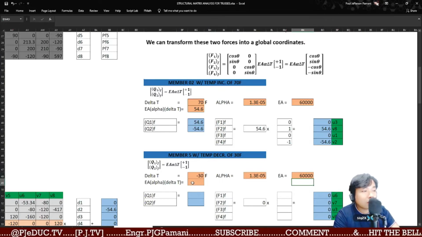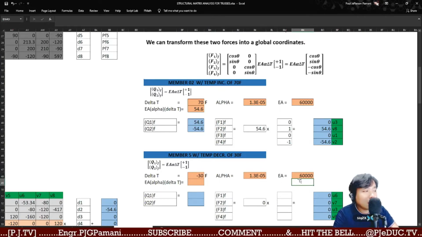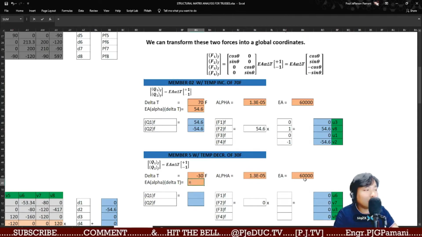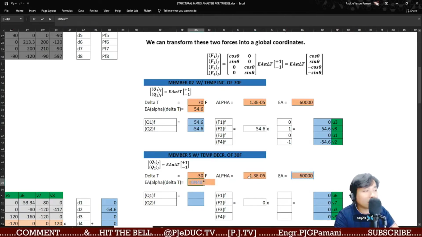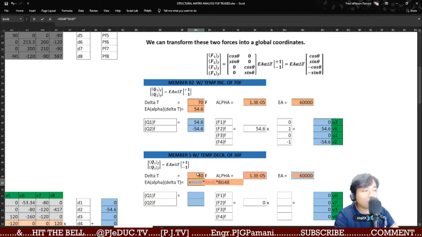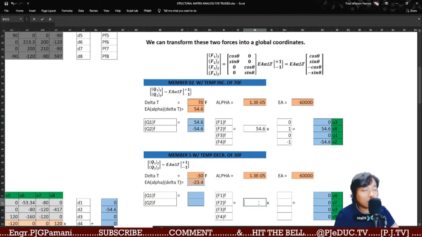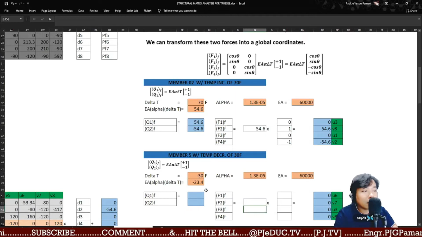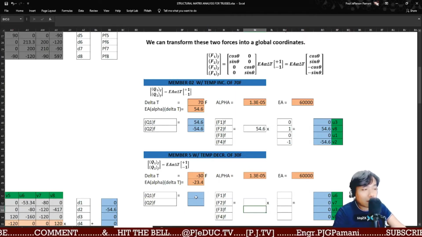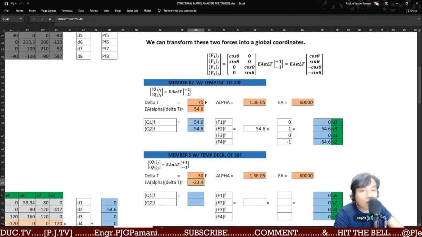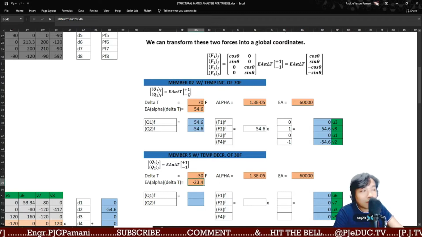60,000. So, EA times alpha times delta T, equal to this times this times this. That is negative 23.4, EA times alpha times delta T. Then multiply this one with a matrix of positive 1 and negative 1.